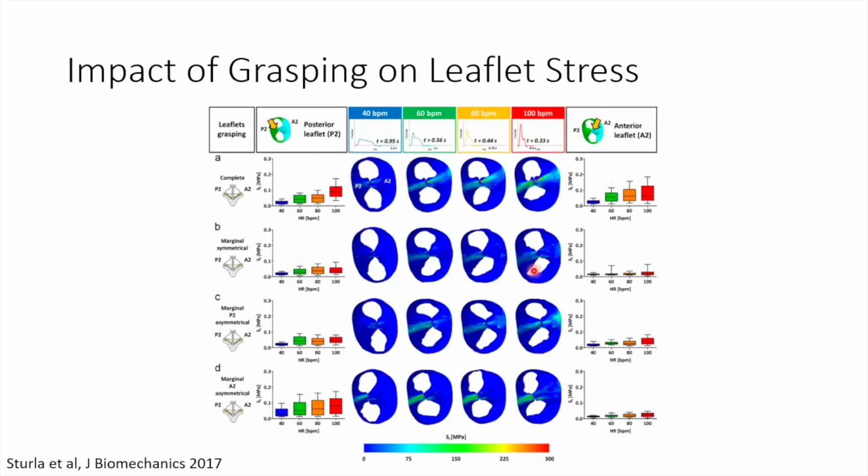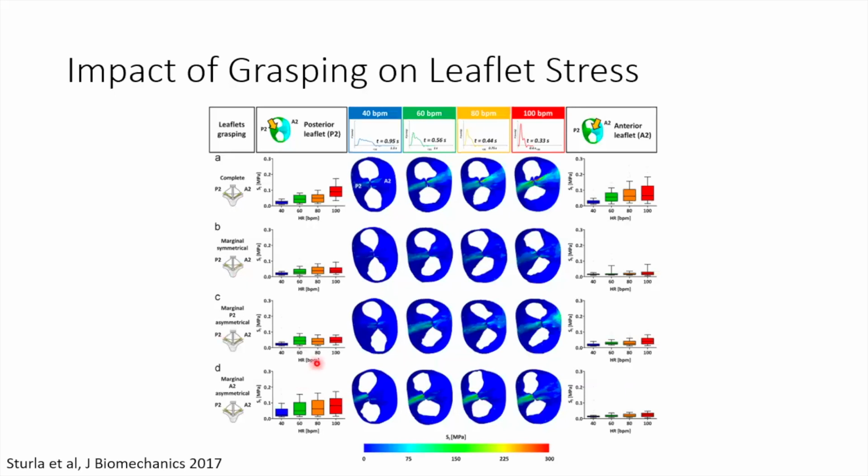It was a very interesting study that I was reading about, which is an in vitro animal model where they looked at what the relative stress of the leaflets on the mitral leaflets at different heart rates and in different types of configurations, whether you had complete grasping versus marginal, so not quite complete grasping, but symmetric grasping, marginal but asymmetric grasping, either marginally grasping the posterior leaflet versus marginally grasping the anterior leaflet in the setting of posterior leaflet prolapse.